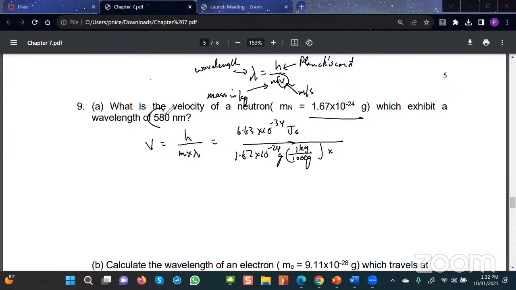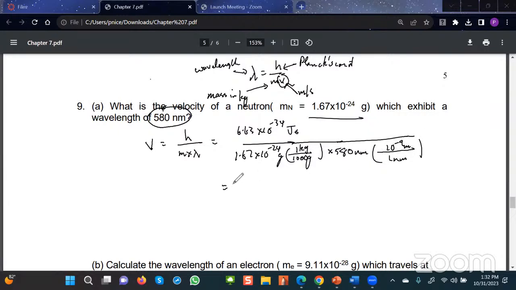Now the wavelength here is given in nanometers, so we have to convert that to meters. So 580 nanometers. Nano means 10 to the minus 9, so 1 nanometer down here, 10 to the minus 9 meters up there. And that's basically how that is done.